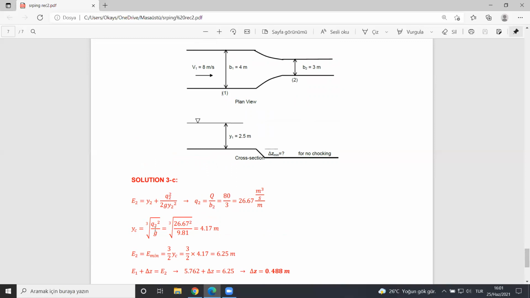What is y critical? As always, it is Q squared divided by g inside of a cube root. We found our Q, it was 26.67 meter cube per second per meter. g is 9.81, so y critical is 4.17.